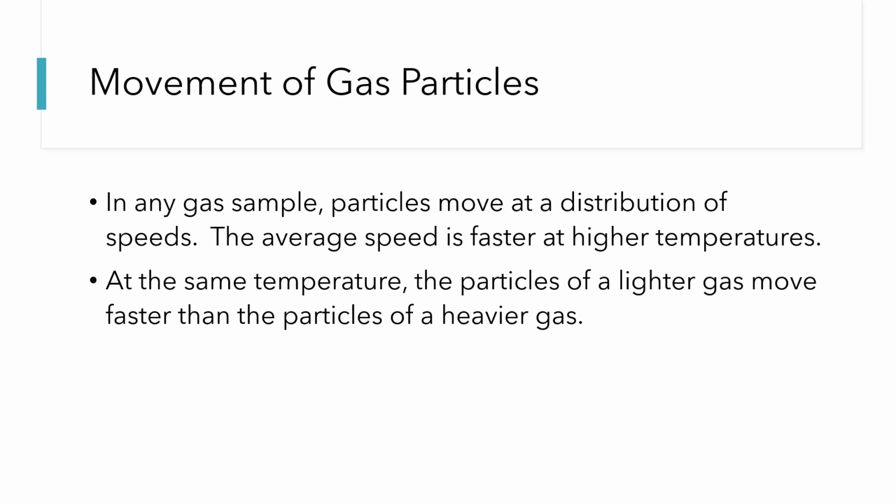It's not just the speed, it's also the mass. And so if we have two different samples with different masses that are at the same temperature, the sample that has a lighter mass has to have particles that are moving faster than the particles of a heavier gas in order to keep that kinetic energy term the same.